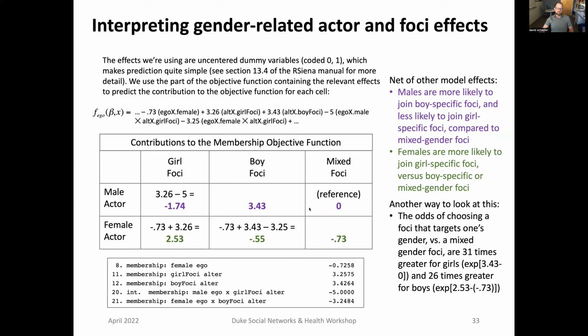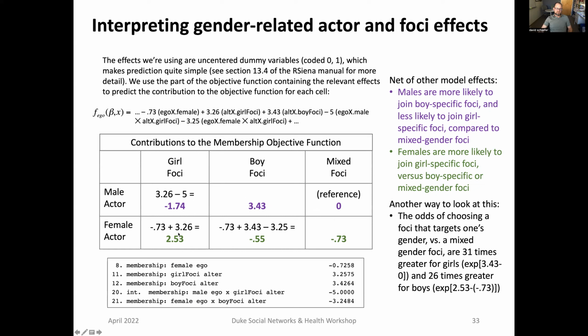So if we take their difference and exponentiate that, then we get the difference in odds. So here boys are 31. Let's see. Did I get that right? I think this difference is 31 times. So for boys, the difference is 31. Boys are 31 times more likely to join a boy foci compared to a mixed gender foci.